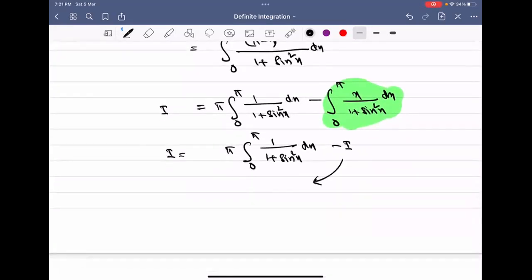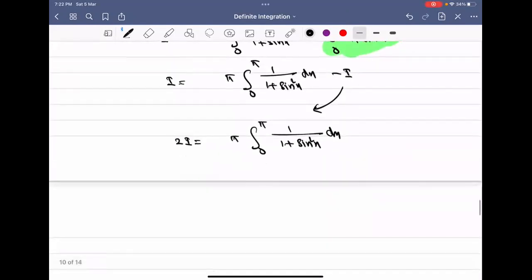So take this minus I to the left hand side, then 2I is equal to pi into integration of 0 to pi 1 over 1 plus sine square x dx. Therefore I is equal to pi by 2 into integration of 0 to pi 1 over 1 plus sine square x dx.